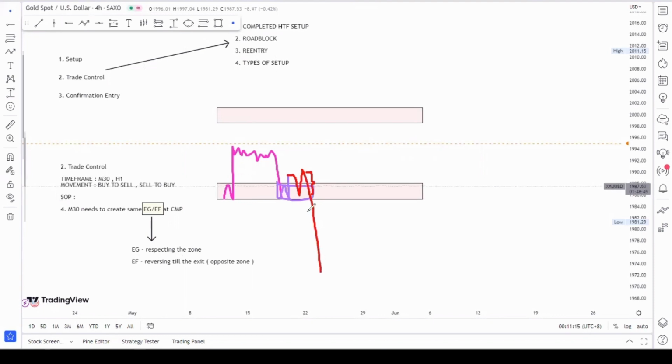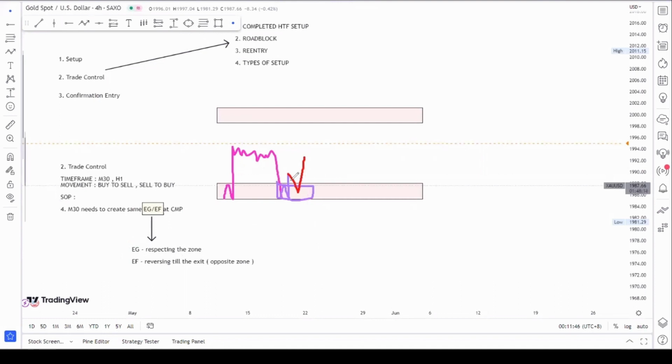But this is what we count as respecting. It went up, no matter whether short or long. This is the meaning of respecting the zone. No matter how many pips, because sometimes when the price goes up again, it can suddenly go down with just an EG, so that's why we need EF.